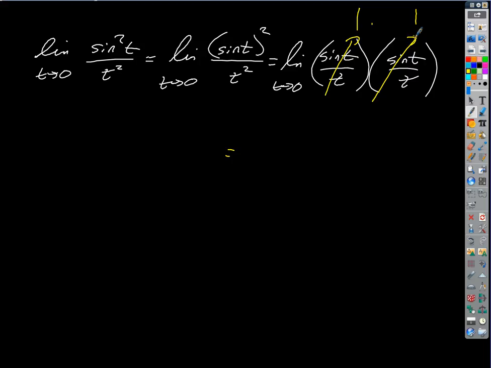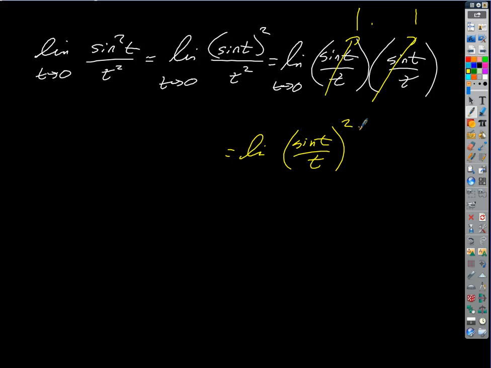Okay? The other way I could do this, and tell me, did anybody do it this way? I'm kind of curious. I could write this as the limit of sine t over t, quantity squared, also, right? We have a rule for that.